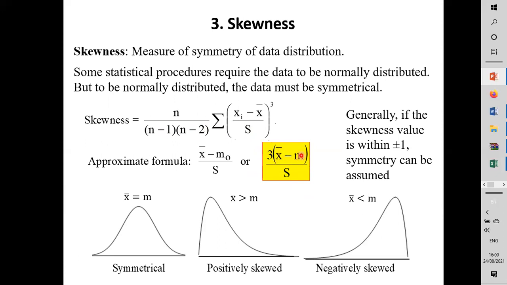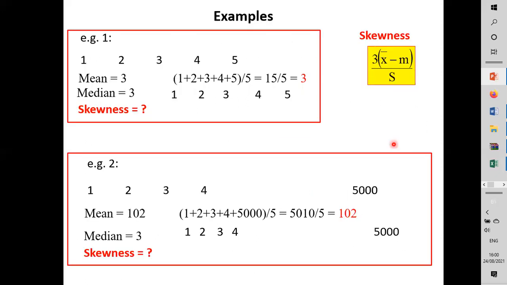So 30, 20, 10. We don't know whether number 1, number 2. We need this S value. So when you do analysis now, all are incorporated, it just tells you what the skewness value is. Now you interpret. Look at the example.